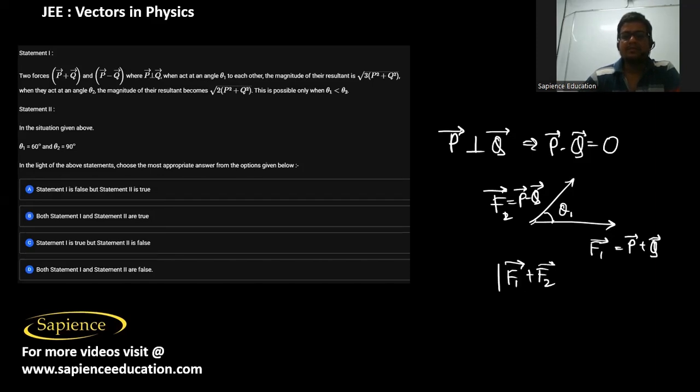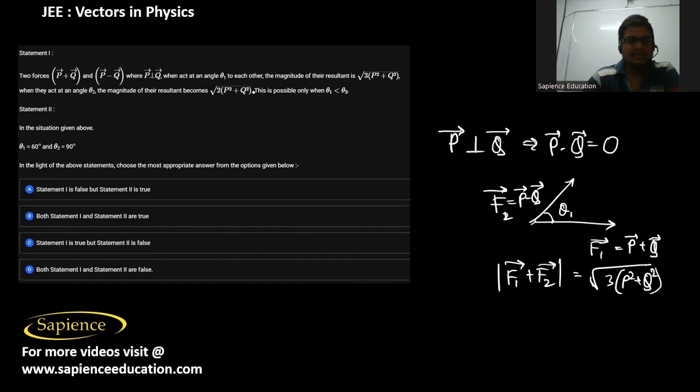F1 plus F2 vector, it will be equal to root over 3 into P square plus Q square. When they act at an angle theta2, the magnitude of their resultant becomes root over 2 into P square plus Q square. Statement 1: this is possible only when theta1 is less than theta2. So we have to find if it is true or false.